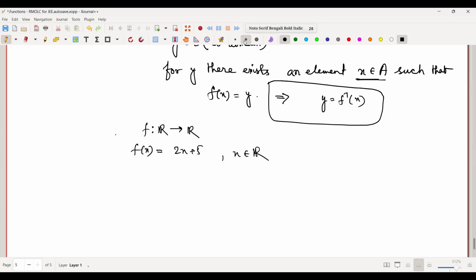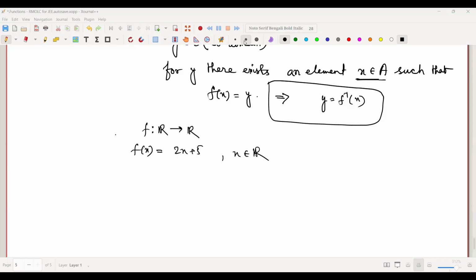Before that, if we don't specify the codomain and domain, we cannot say a function is onto or one-one, because if we change the codomain or domain, a function which is one-one for some domain and codomain may not be one-one, and same for onto.